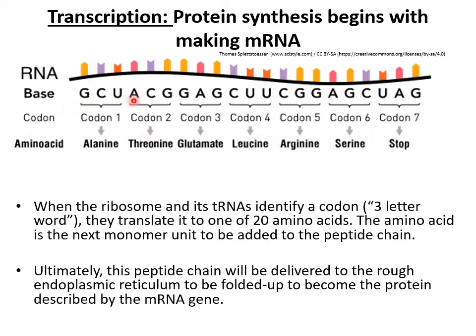So for every 3 bases, this is codon 1, codon 2, codon 3, each one equals a single amino acid. And the peptide slowly builds until it reaches a codon like this, UAG, which is a stop codon. It tells the ribosome to basically unlatch from the mRNA and stop translating. So now this chain floats away and becomes folded and becomes a protein.